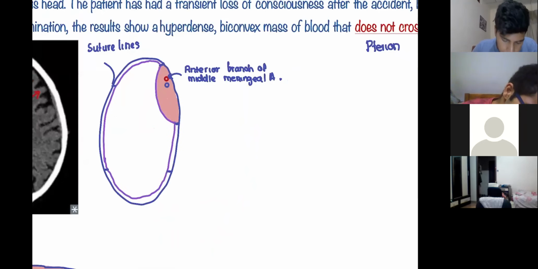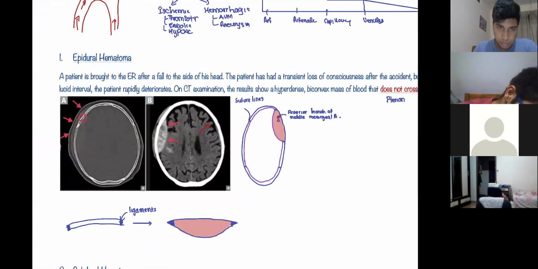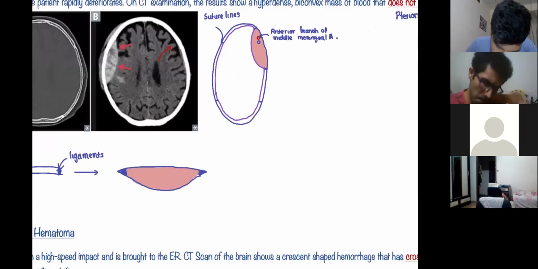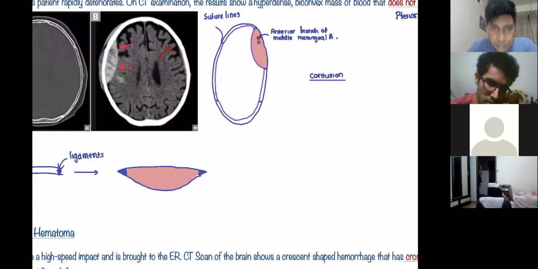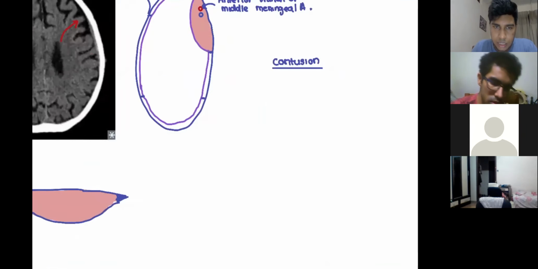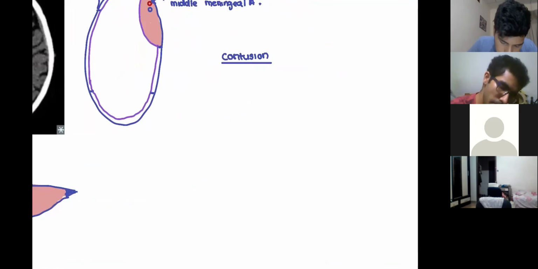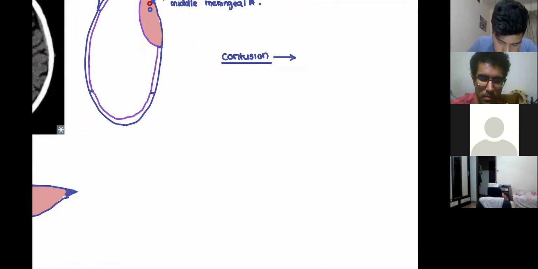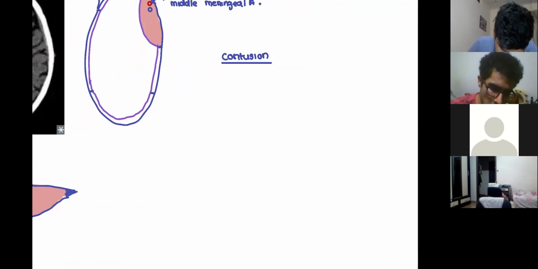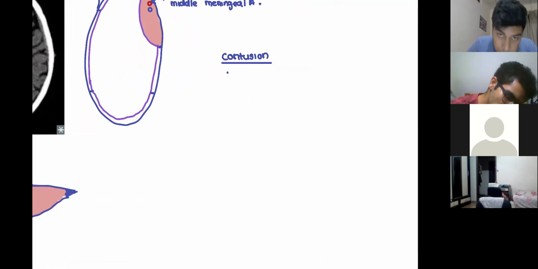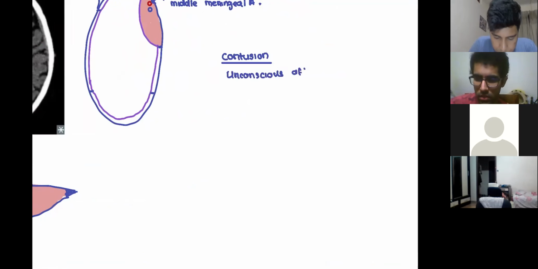Now, let me talk about how you diagnose these patients. The first one: if a patient just had a contusion, that is, the brain parenchyma was just affected and there's no bleeding involved, the person is unconscious after injury.